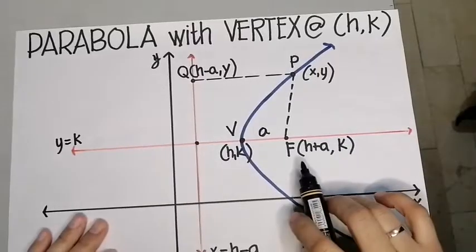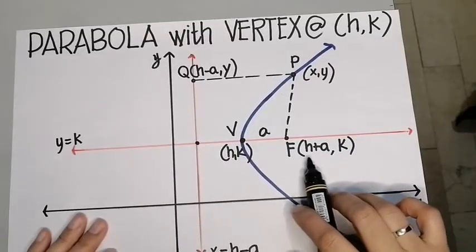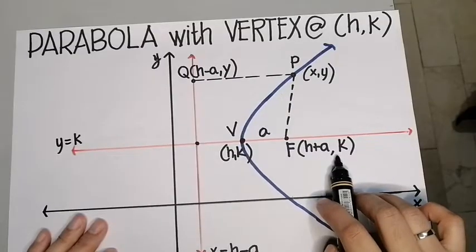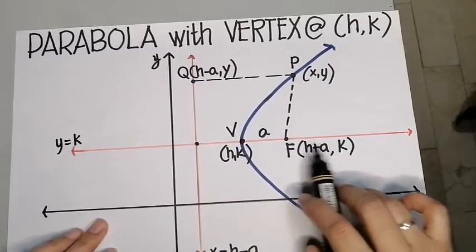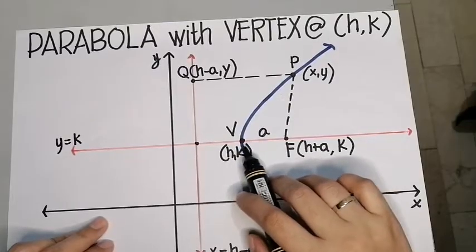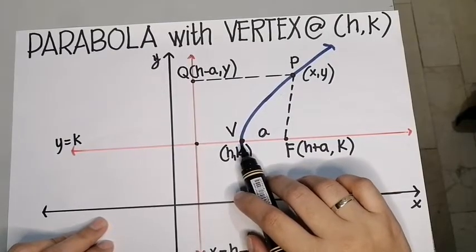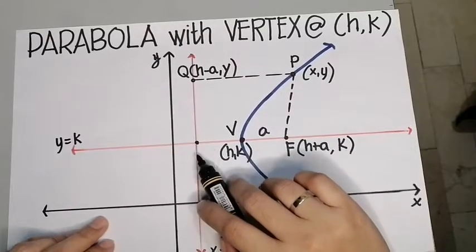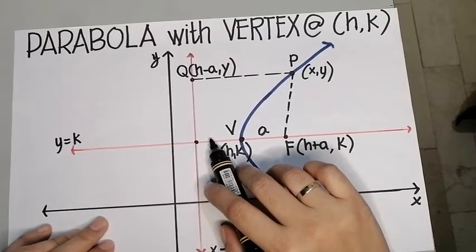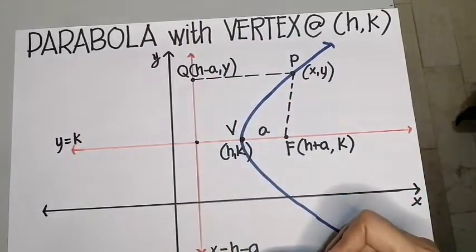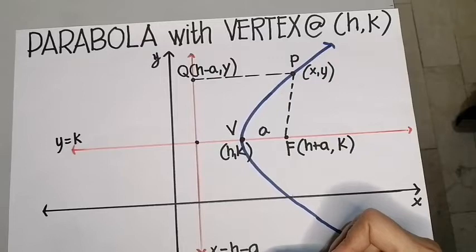So the coordinates of the focus for this parabola would be (h plus a, k). Since the distance from the vertex to the focus is a, by the definition of the parabola, the distance from the vertex to this point on the directrix is also a. Thus, the equation of the directrix would be x equals h minus a.